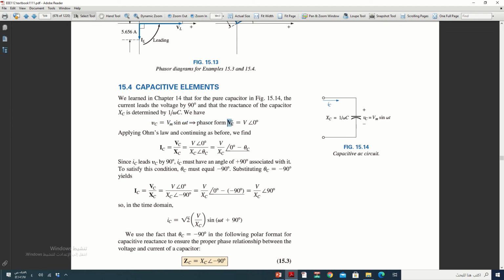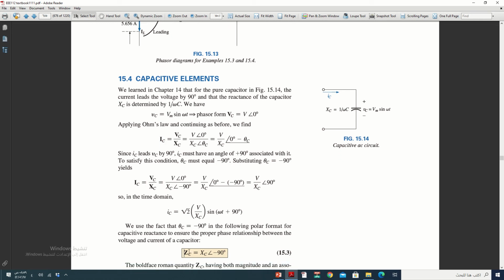VC equals V RMS with angle 0, since there is no shift here. Applying Ohm's law to find IC in phasor form: VC over XC, V RMS with angle 0, XC with theta C. We know that theta C is minus 90, as mentioned here and in the last chapter.